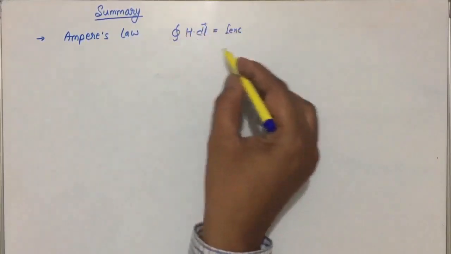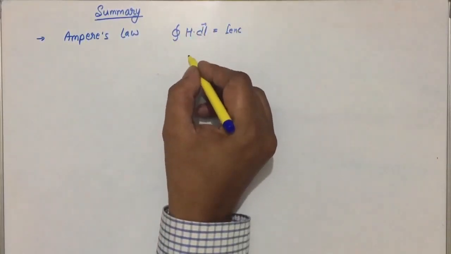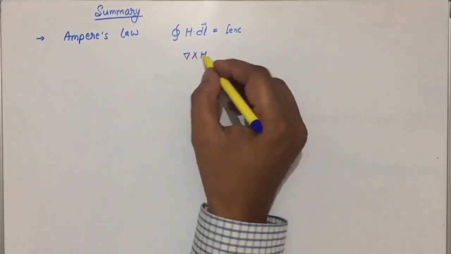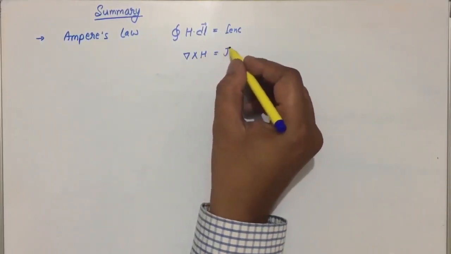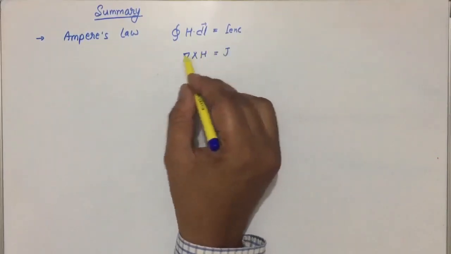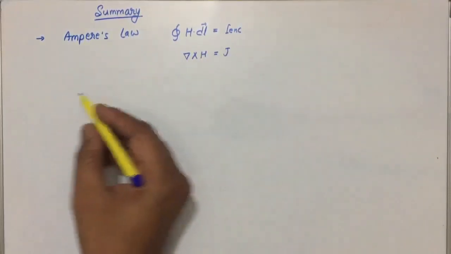This was the integral form of Ampere's law. At the same time, we have seen that del cross H was equal to the current density. It was the differential form of Ampere's law.